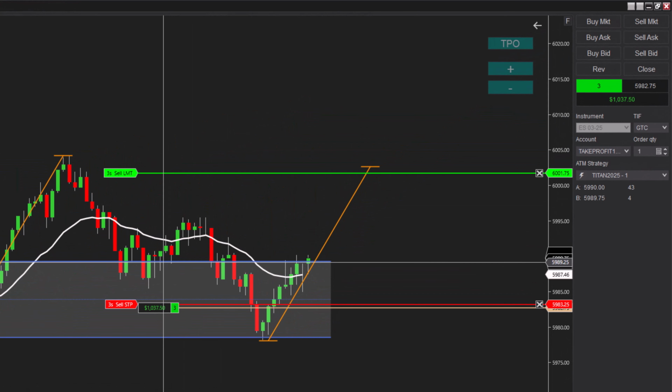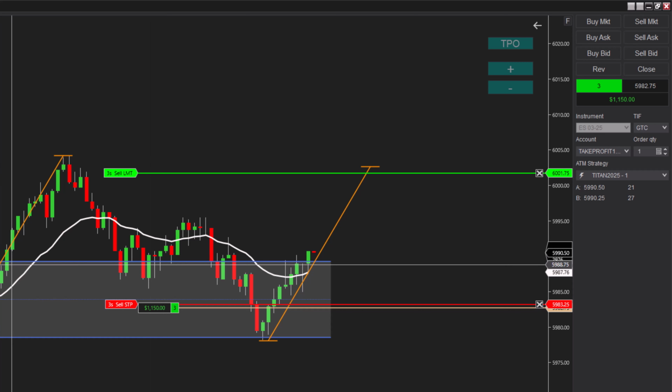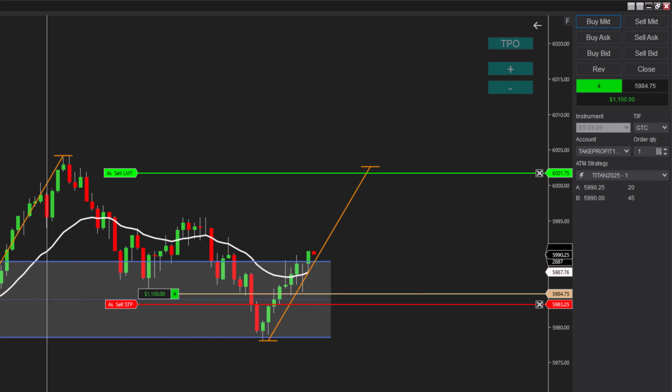When we break higher, I would consider adding on here. Close on your top. There we go. Order filled.